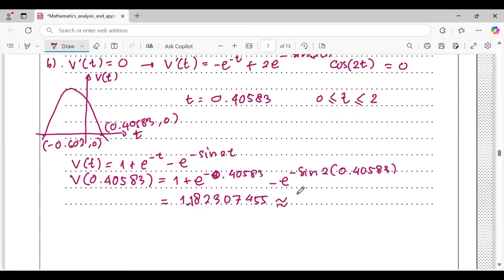Approximately it becomes 1.18 meter per second, the unit. So this is the maximum velocity.